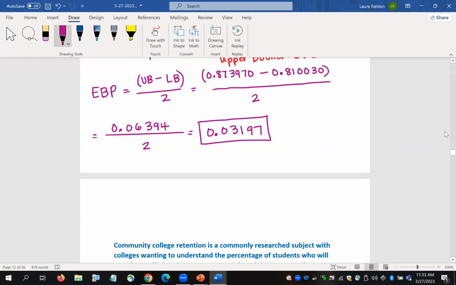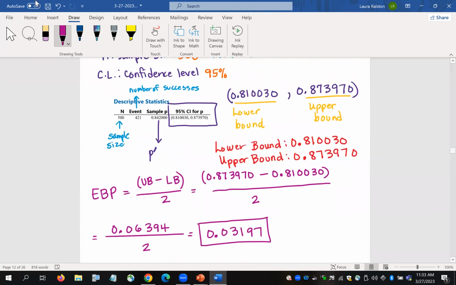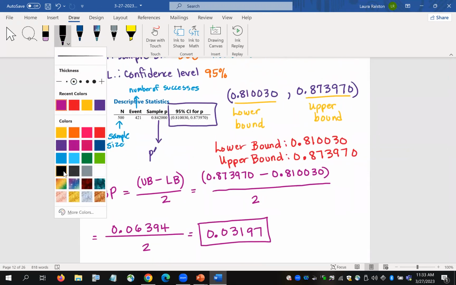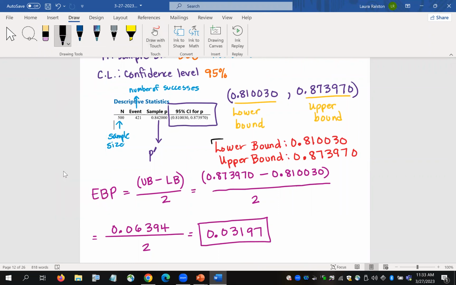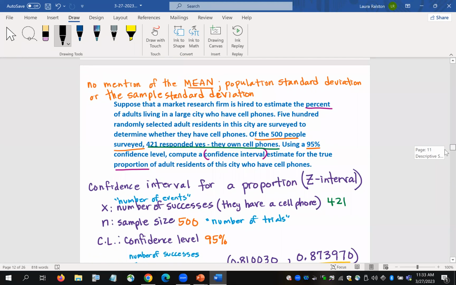Now, just so you'll know, these answers are in decimal form. I could convert them to a percentage, remembering that to convert to a percentage we multiply by 100%. But the question asked me for proportion. Since it says proportion, that usually means leave it as a decimal.